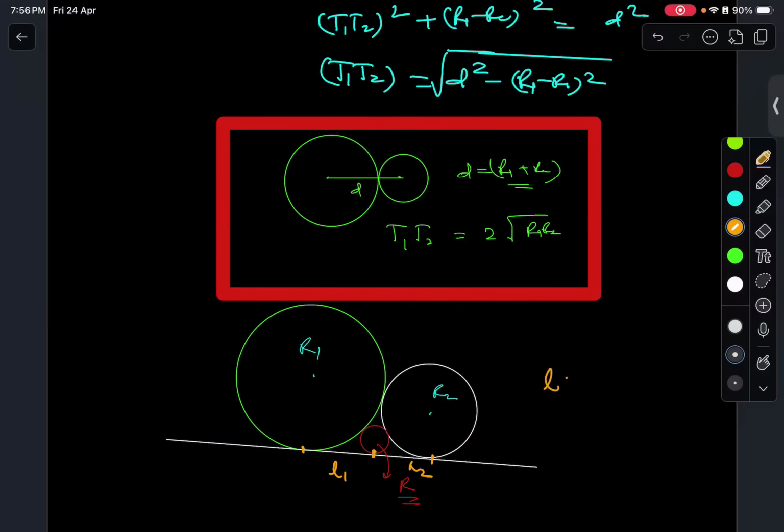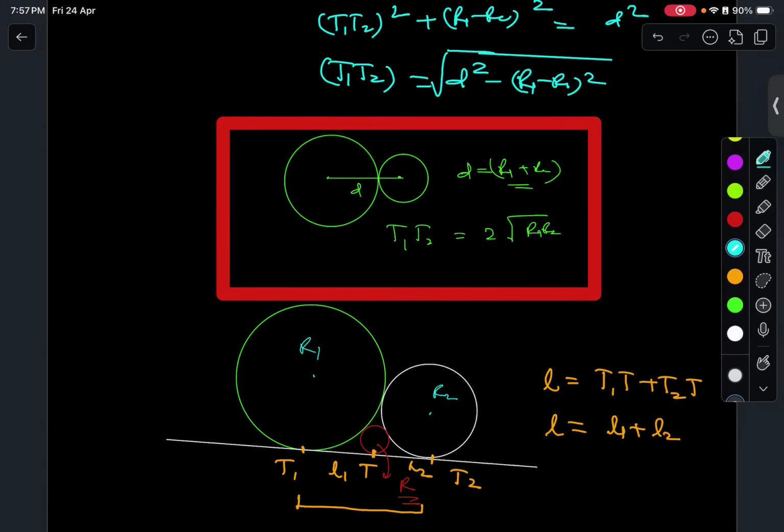Can I say one length L is there between the first circle and the second one? Let the points be T1 and T2, and let this be T. So this L is T1T plus T2T. So L is equal to L1 plus L2, right?